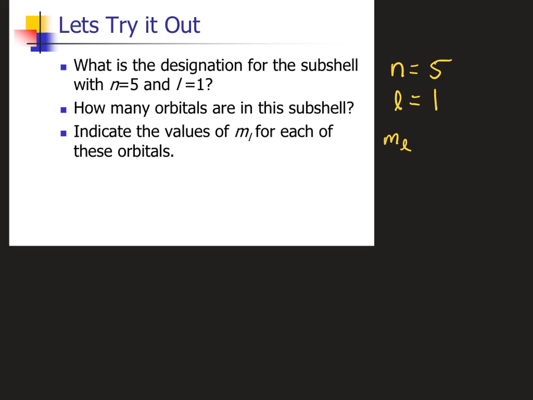Indicate the values of m sub L for each of these orbitals. How many orbitals are in the subshell? That'd be 2L plus 1, so 3. Indicate the values: negative 1, 0, and plus 1.